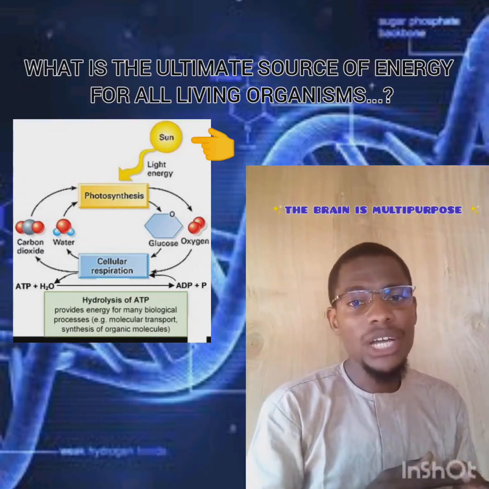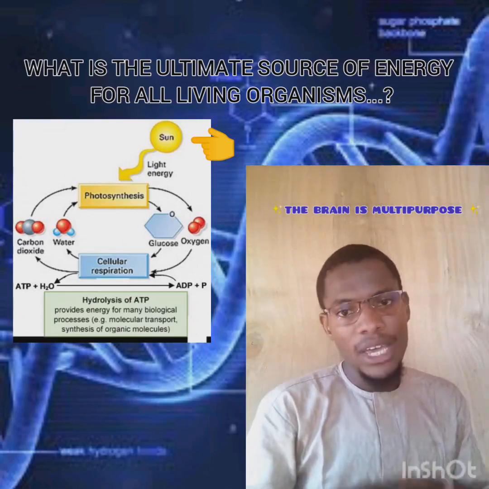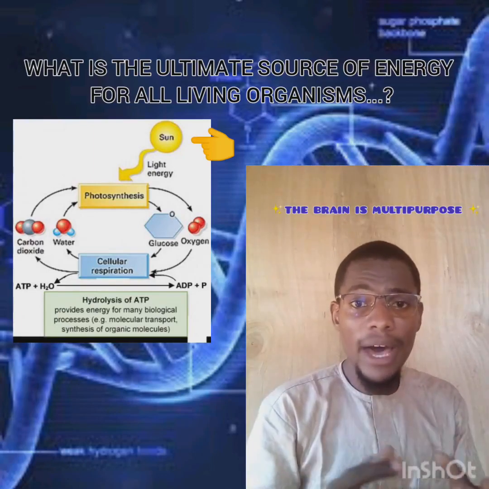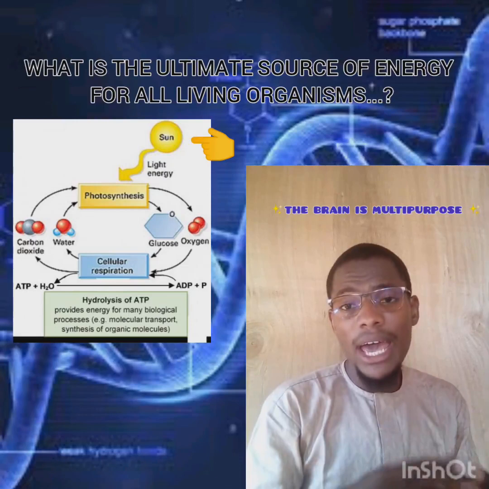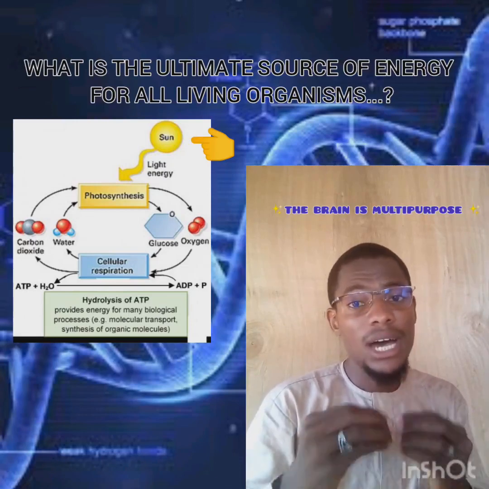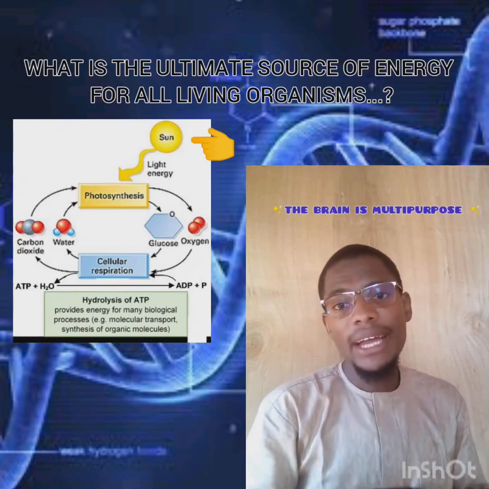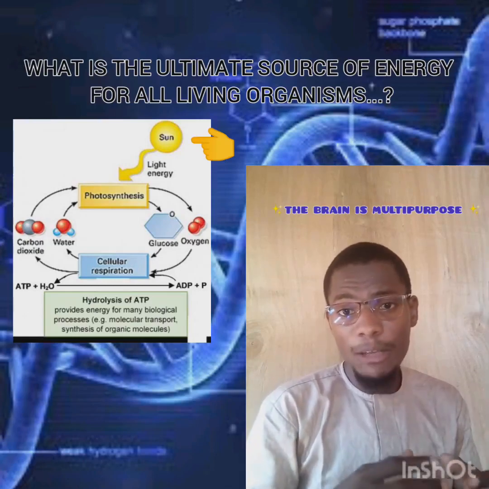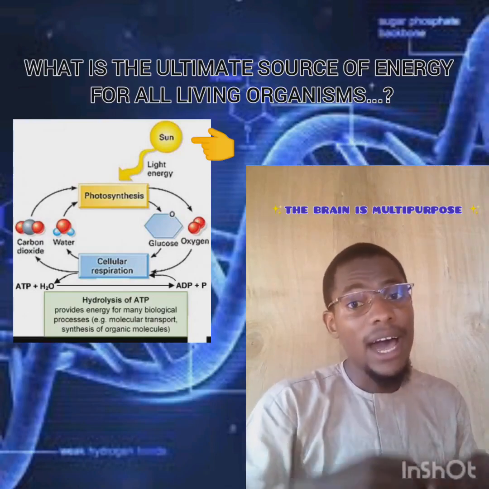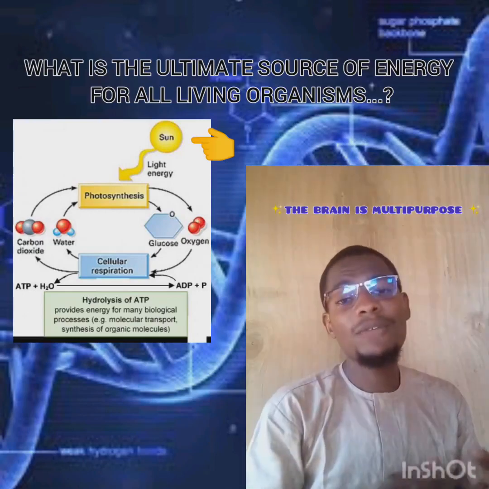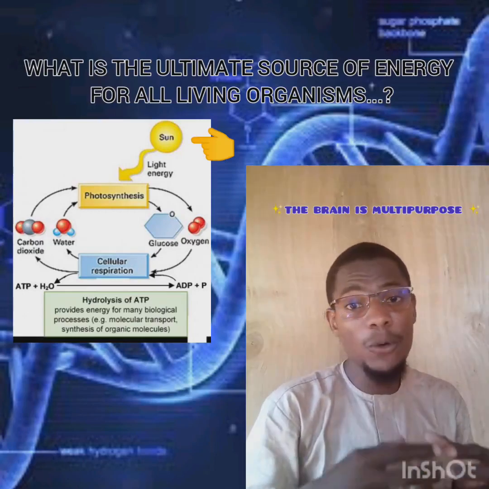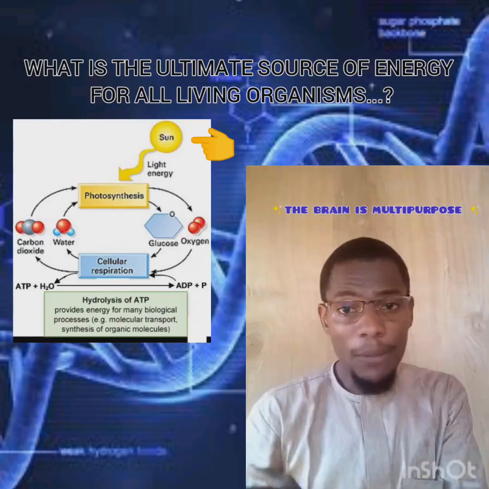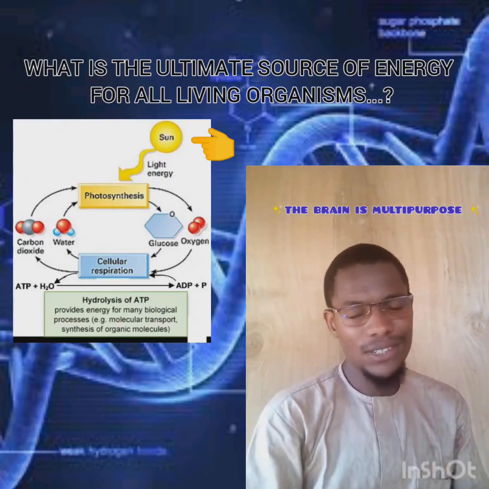We have the light reaction and the dark reaction. The light reaction is whereby the ATP and NADPH are synthesized. And the dark reaction is whereby the ATP and NADPH that are synthesized are now utilized in the fixation of carbon dioxide and water to carbohydrates and oxygen.